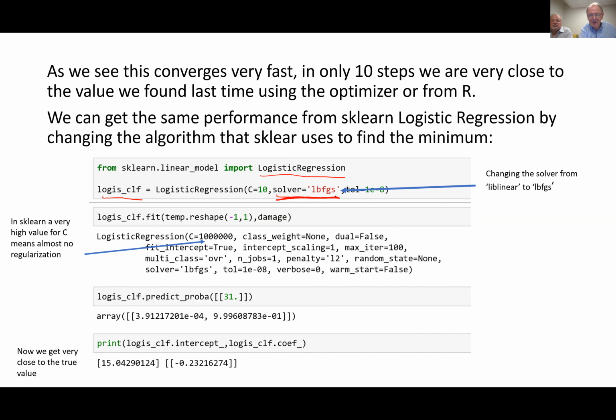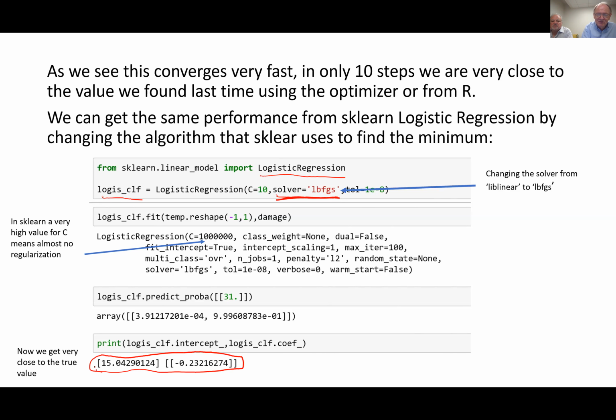But if you use other solvers here, this is LBFGS, so this is a low memory... I can't remember this... Broyden, Fletcher, Goldfarb, and Shanno or something. There are 4 guys who invented this optimizing method here. If you use that instead, then in fact you do get the right result from that. So if you're having a problem with getting your logistic regression from sklearn to converge, you can try to use another solver.